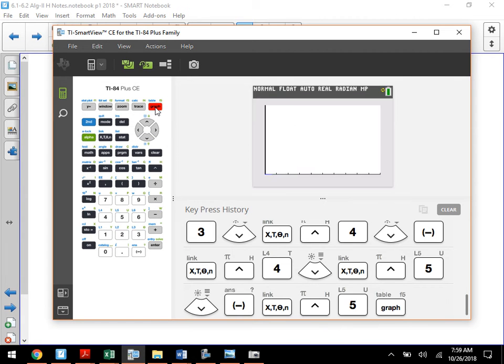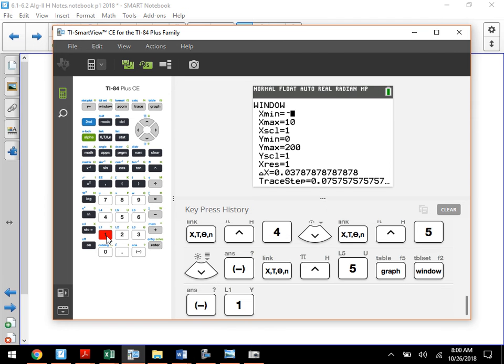All right, graph it. Oops, I need to change my window. No, my window's wrong. I'm going back to a 10 by 10. It's okay.